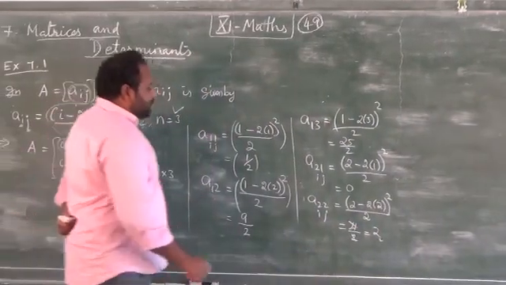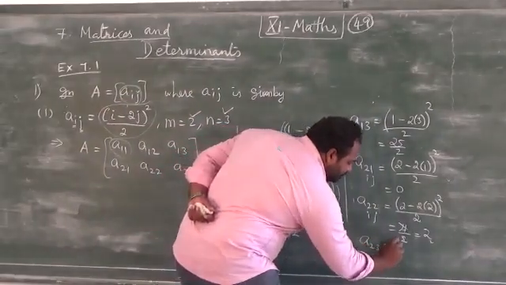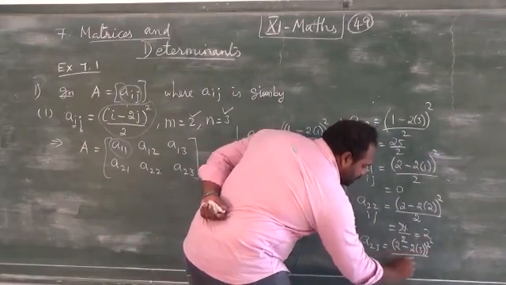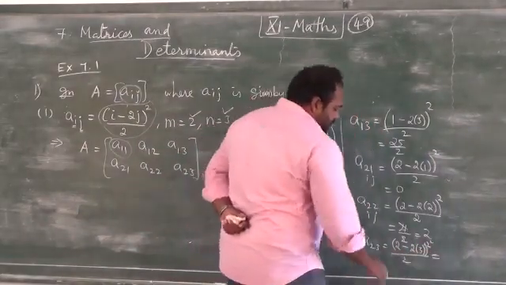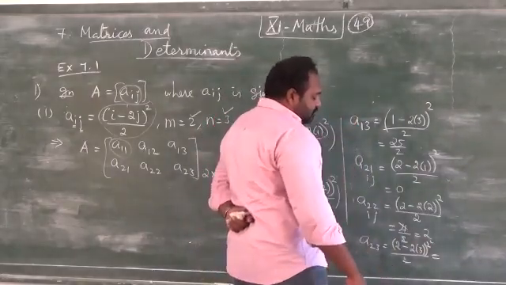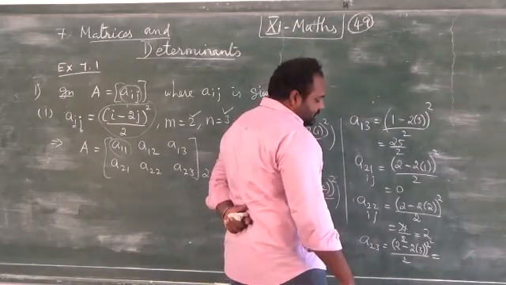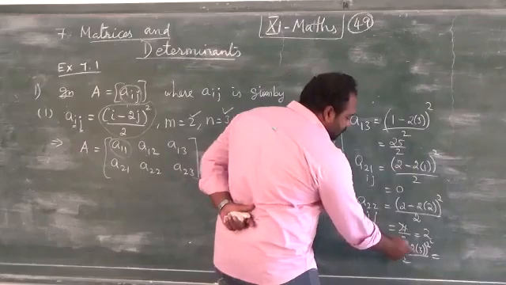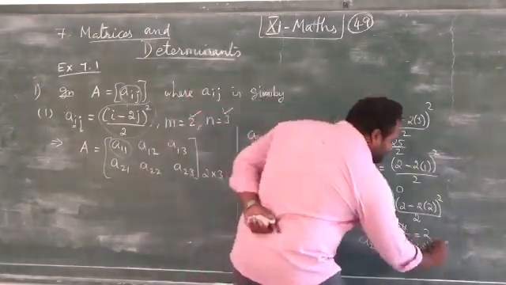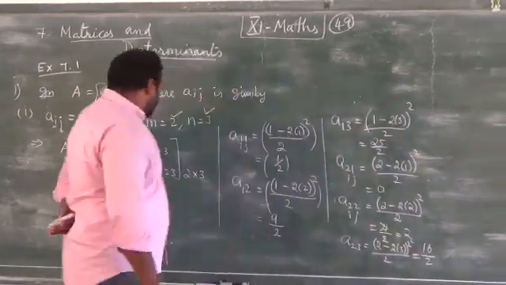Next A23: (2 minus 2 into 3) whole square by 2. 2 into 3 is 6, 2 minus 6 is minus 4, and minus 4 squared is 16 by 2. Don't cancel it, we'll see why.